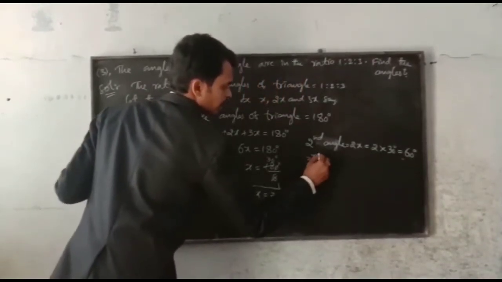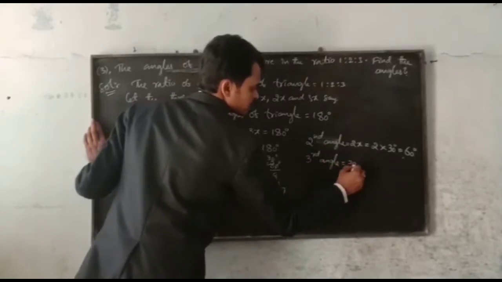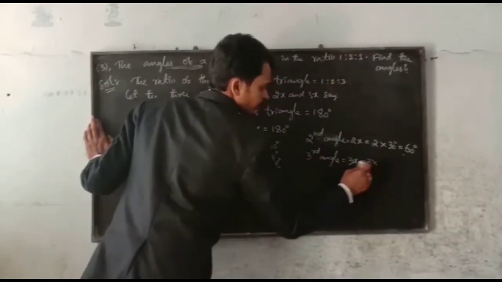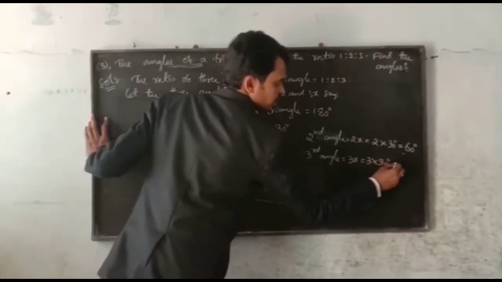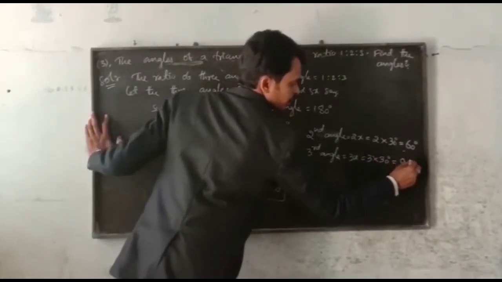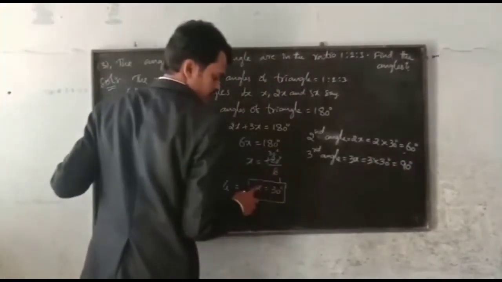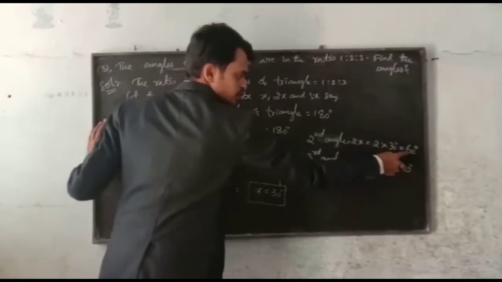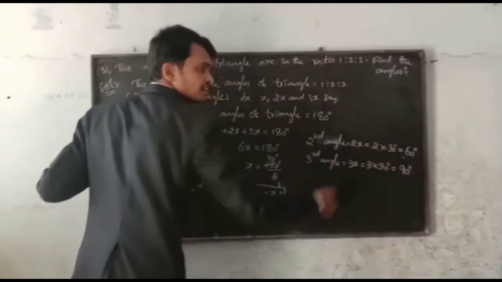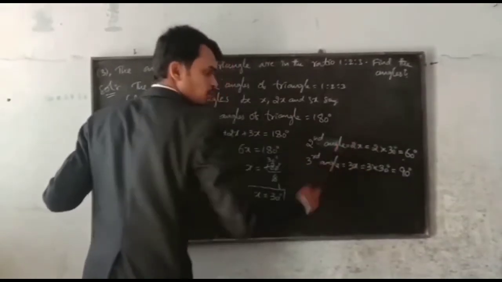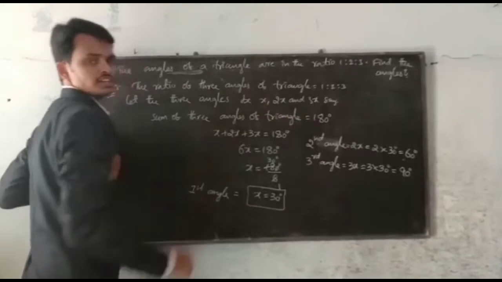Now the third angle is 3x. So 3 into 30, substituting 30 degrees again for x, is equal to 90 degrees. So these three angles are: x is 30 degrees, 2x is 60 degrees, 3x is 90 degrees. So 30 plus 60 is 90, 90 plus 90 is 180. So the sum of three angles is 180 degrees.